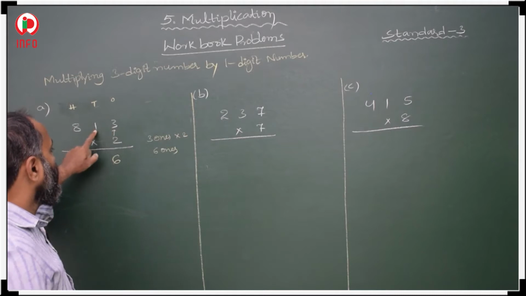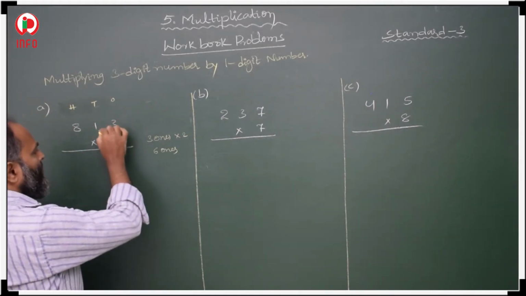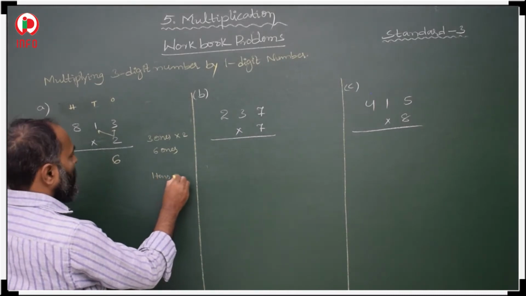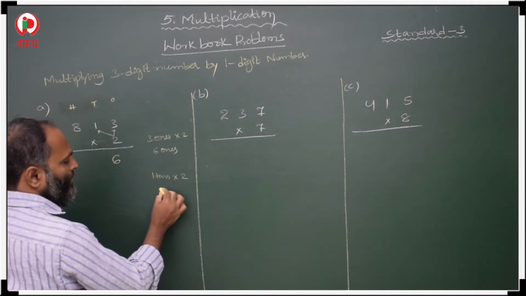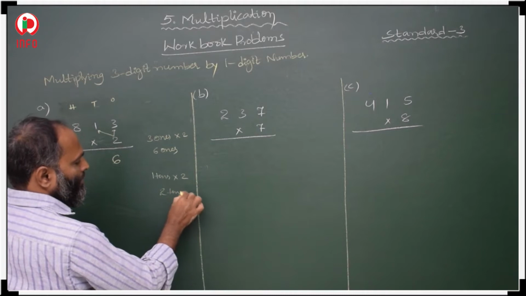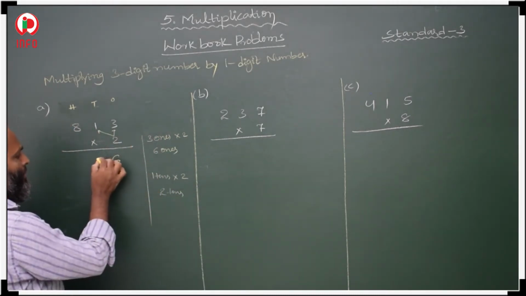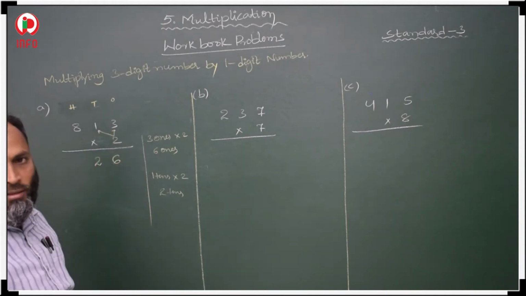Then 1. 1 tens with 2. 2 ones are 2. 2 tens. 2 is a single digit number, so we have to take it as it is, 2 tens.